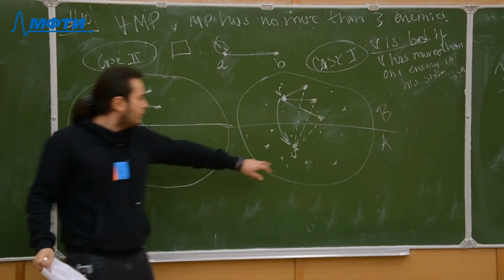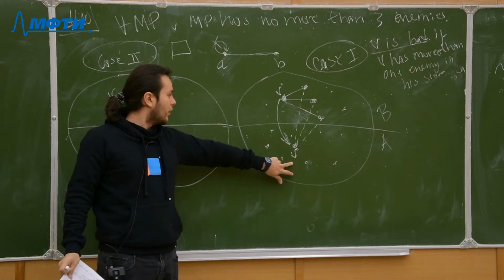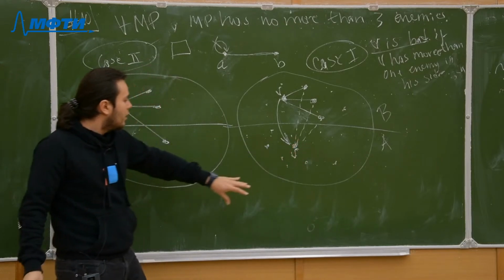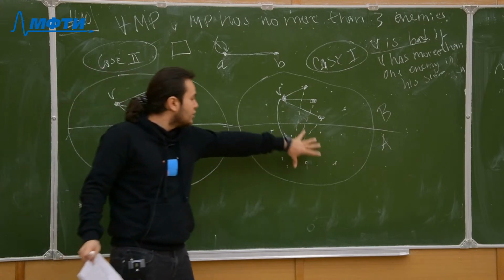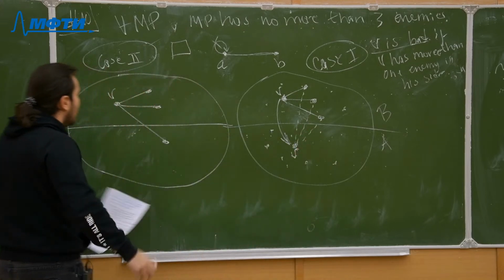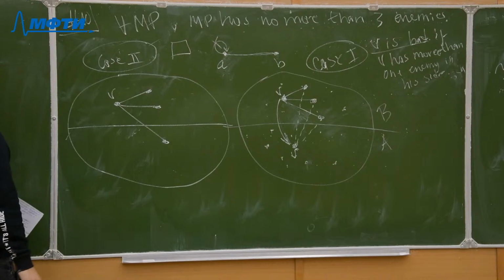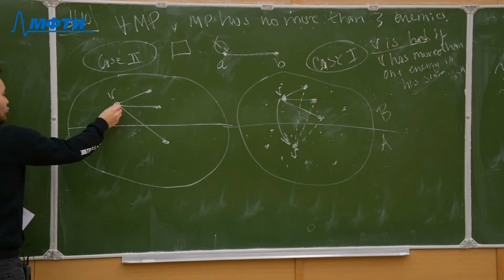But now V is good, right? Because it doesn't have any enemies here. In this case, we also have to change V here.